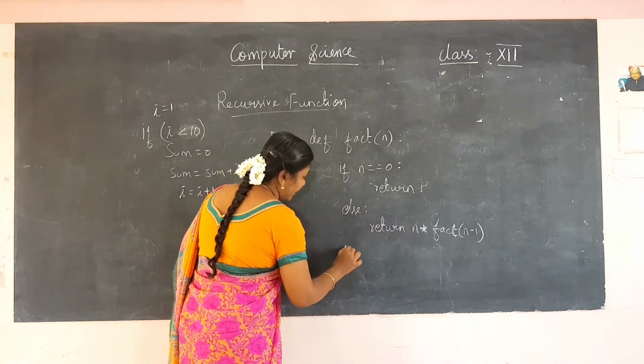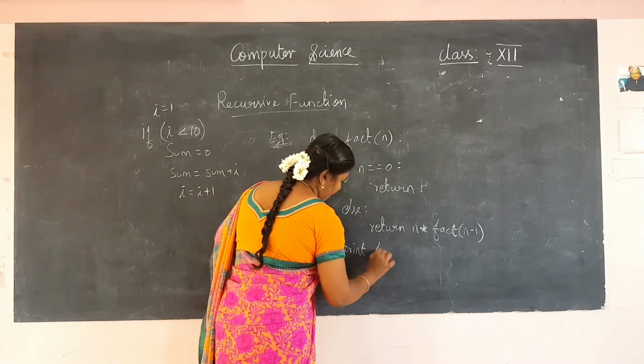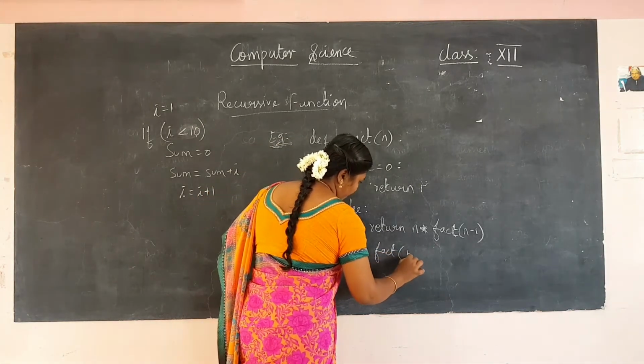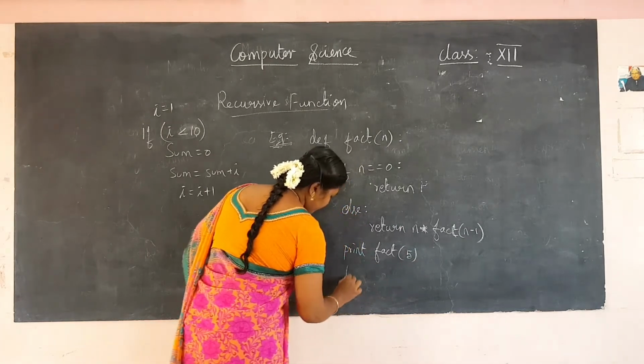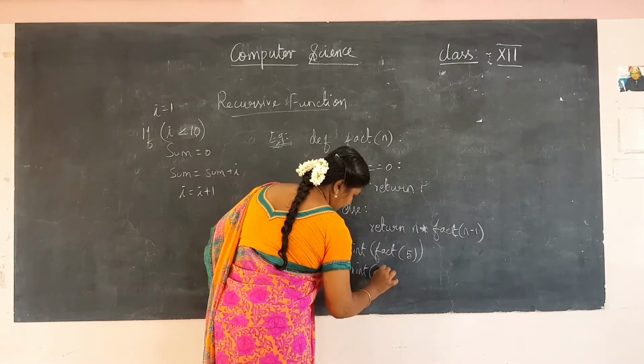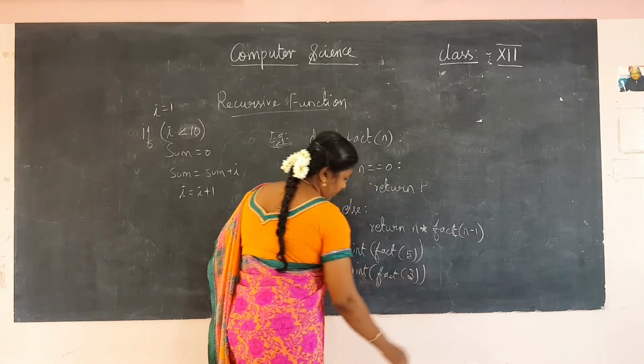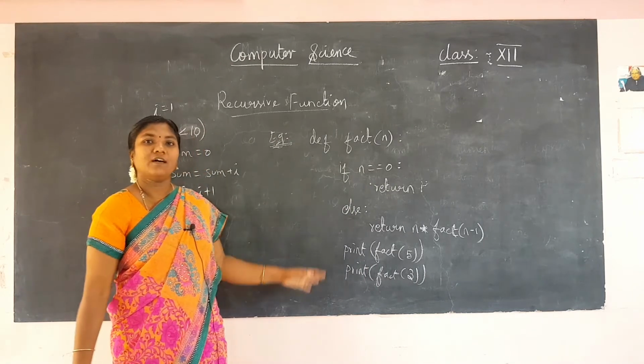Now I am printing the function. So print fact of 5 and next print fact of 3.